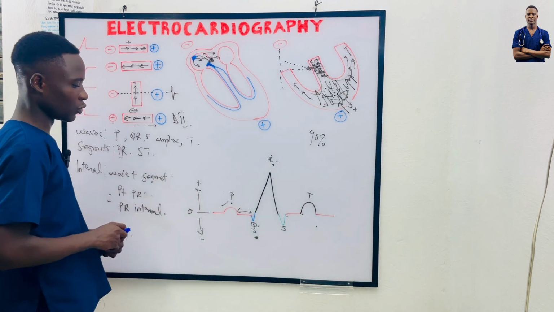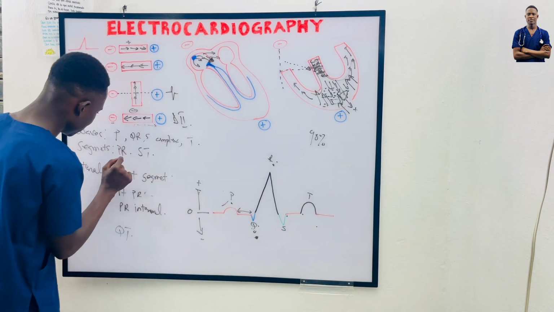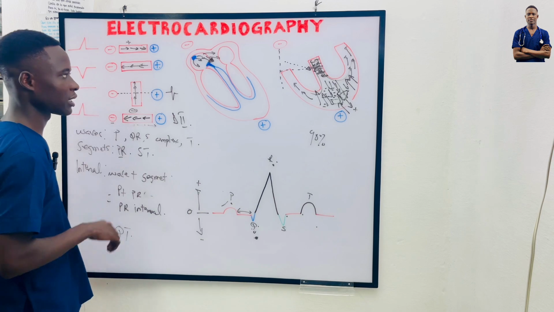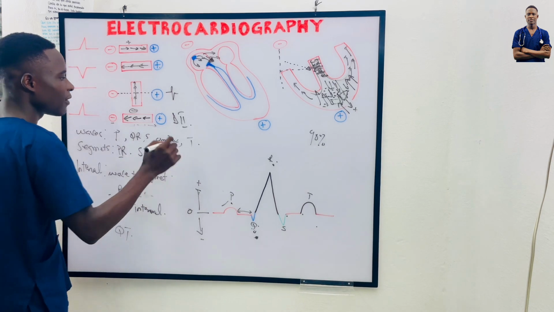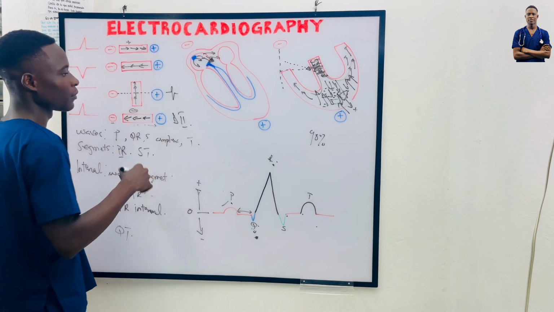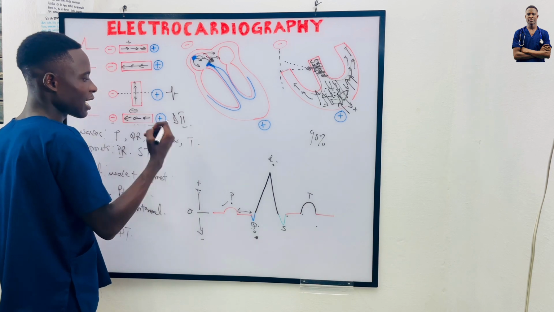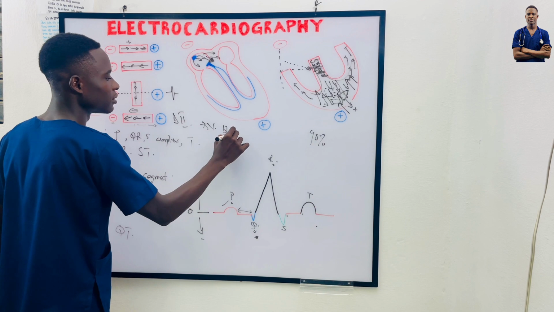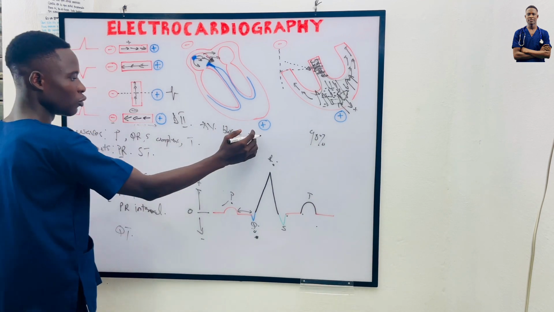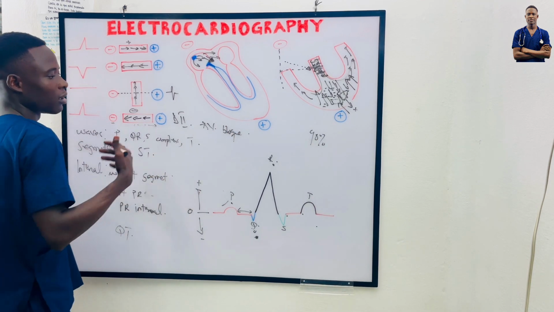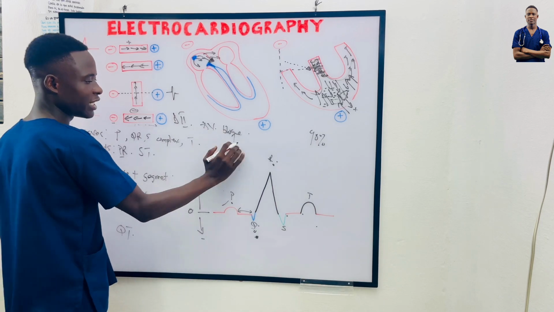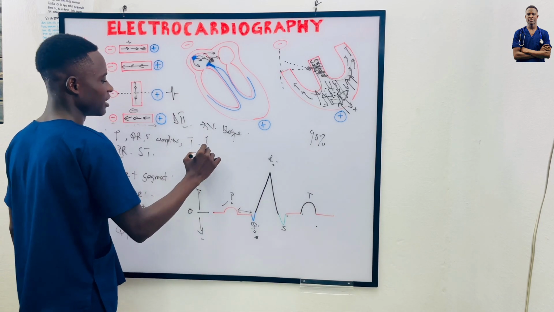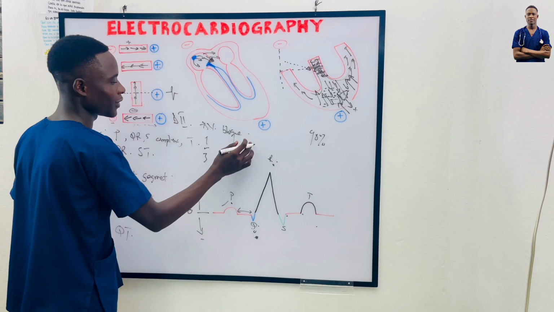Okay, now there's the last thing that you need to know. This PR segment is very important. So this segment gives us an idea in diagnosing patients that have AV node blockage. It gives us an idea of how the blockage is, whether it's a first degree, second degree, or third degree of the blockage.